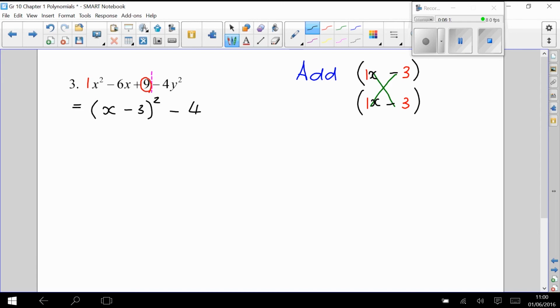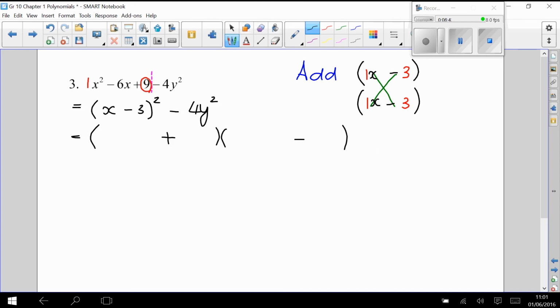Now I still have minus 4y squared, and I hope that you recognize now that you have a very nice difference of two squares. In fact, the bracket is a perfect square because its exponent is even. The root of 4 can be found perfectly, and y's exponent is also even. So when I break this down, I'm going to break it into two brackets, one with a plus, one with a minus.